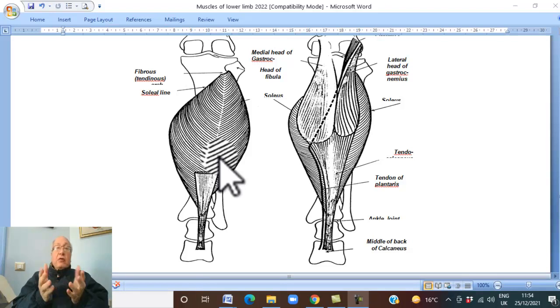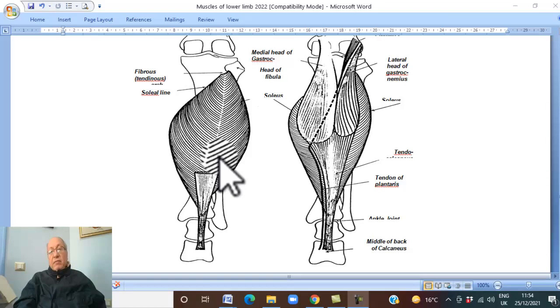During normal standing, these muscles don't produce plantar flexion, but they steady the leg on the foot.